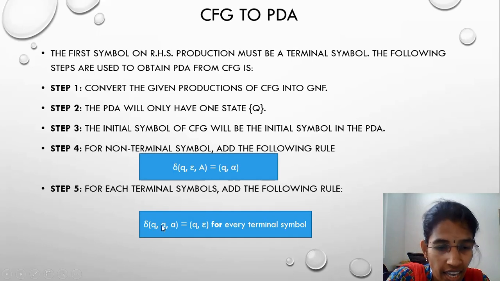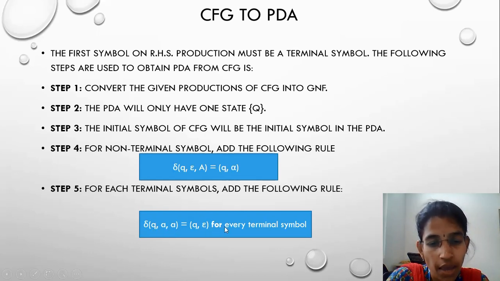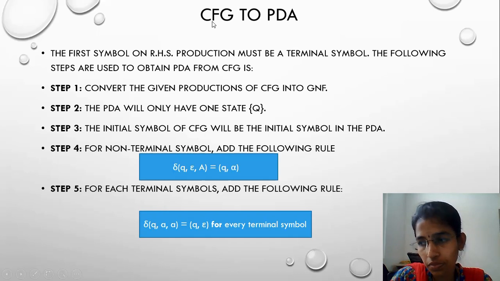The second points to the input symbol. The third points to the stack symbol. This rule is applicable only for PDA. On the right side, Q represents the new state, comma epsilon. So these two rules are enough to convert the given context-free grammar into PDA.